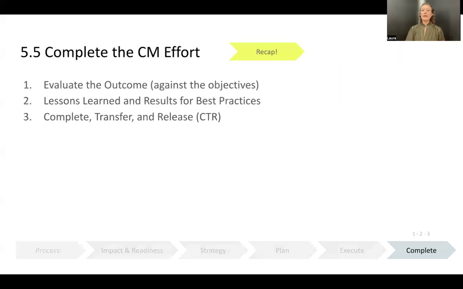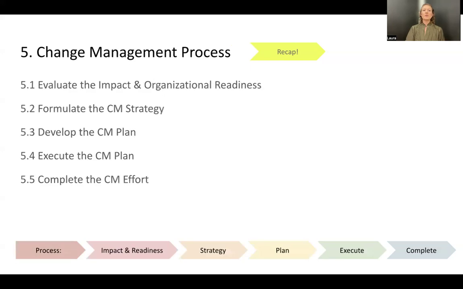To recap, the three sections of the process group complete the change management effort include evaluate the outcome, collect lessons learned and results for best practices, and finally complete, transfer, and release the change. To recap, Section 5 of the Standard for Change Management includes five subsections.